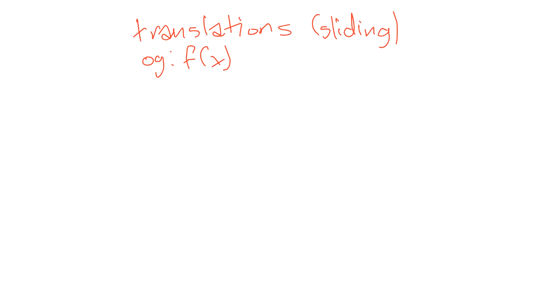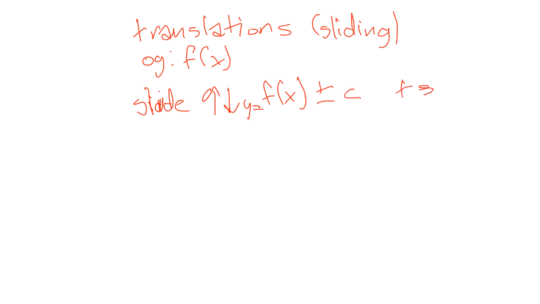And now to slide it up and down, we can say y equals f of x plus or minus c. If we add c, it goes up. If we subtract, it goes down.